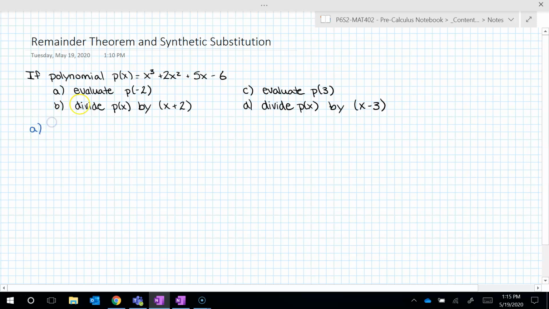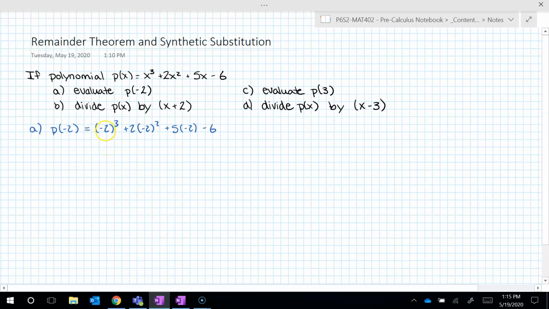If I wanted to evaluate this, that's just plugging it in, right? If I put in negative 2 for x in all of my spots here, I'm doing negative 2 cubed plus 2 times negative 2 squared plus 5 times negative 2 minus 6. Negative 2 cubed is negative 2 times negative 2 times negative 2.